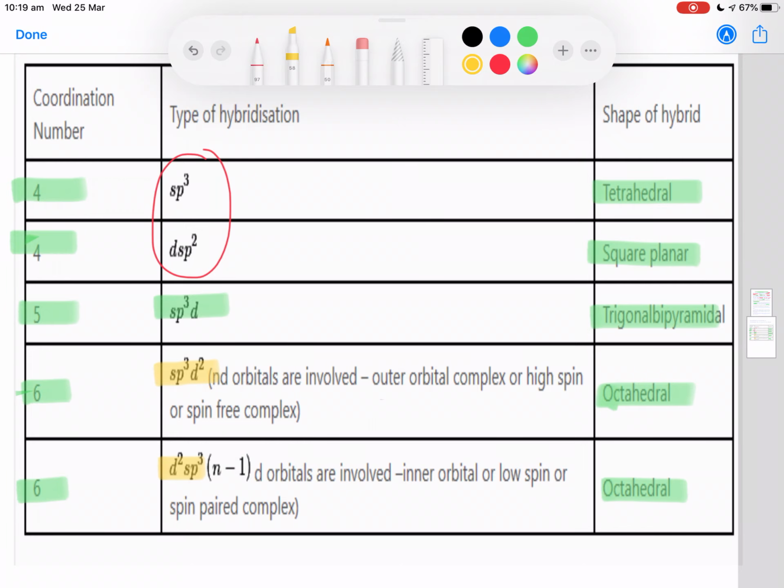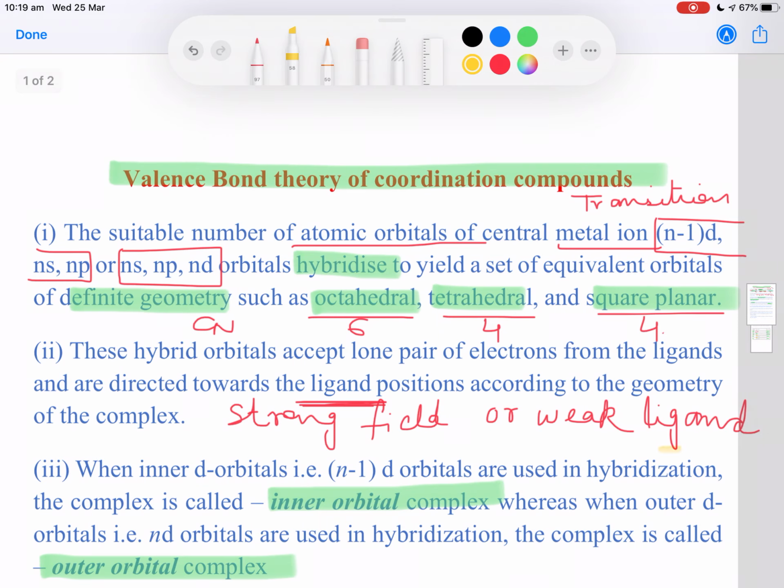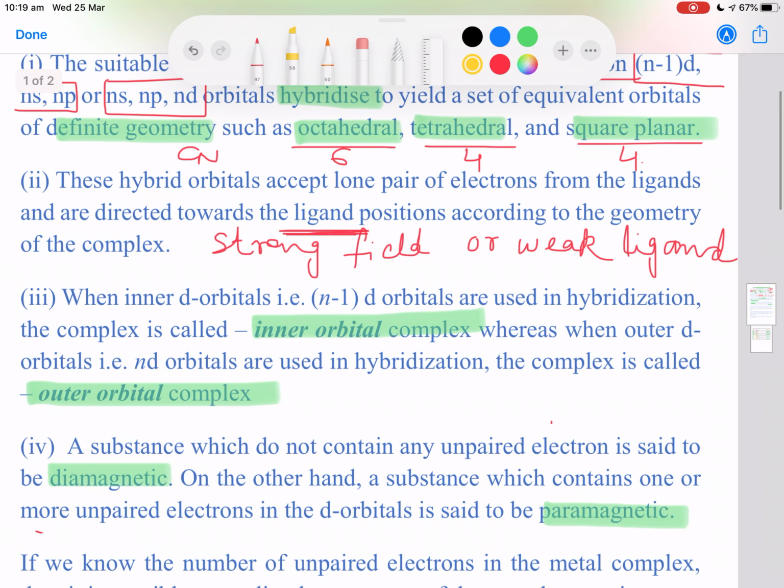If you remember, I told you that through this VBT, we could also come to know whether the complex is an inner orbital complex or an outer orbital complex. So what exactly is meant by inner orbital?